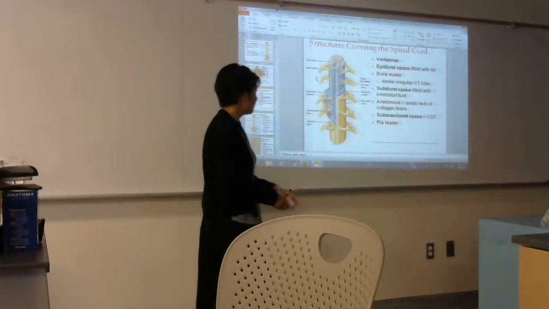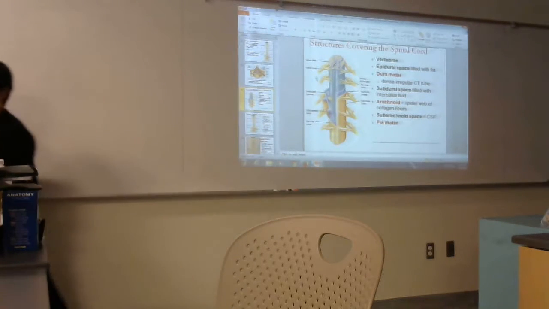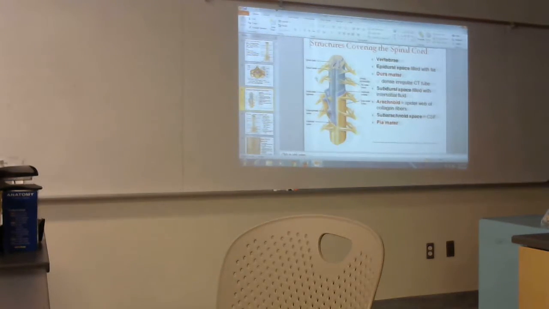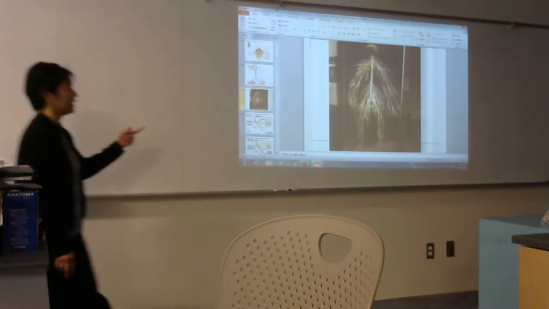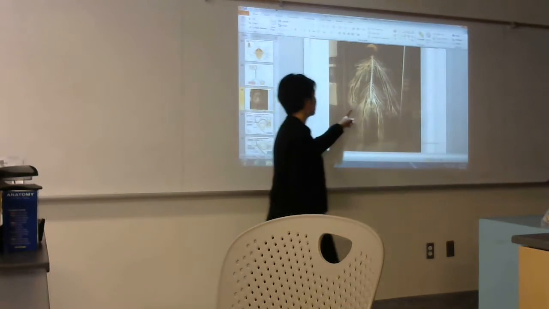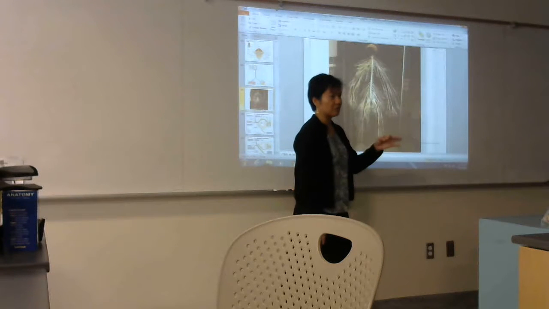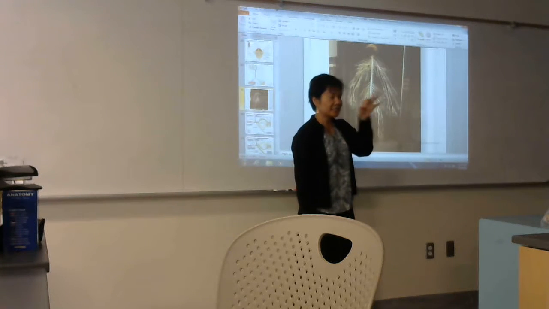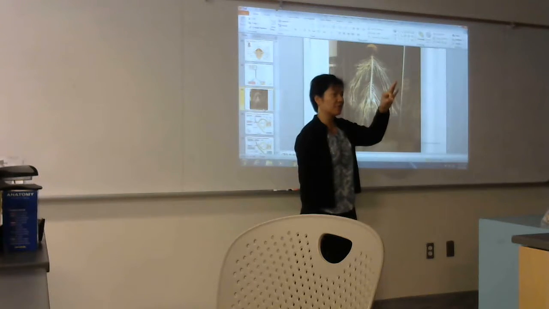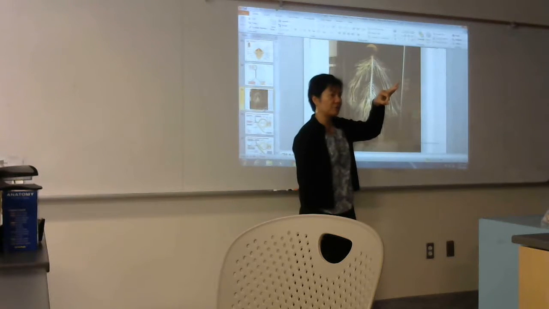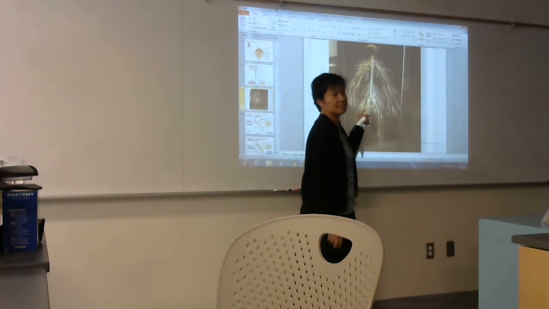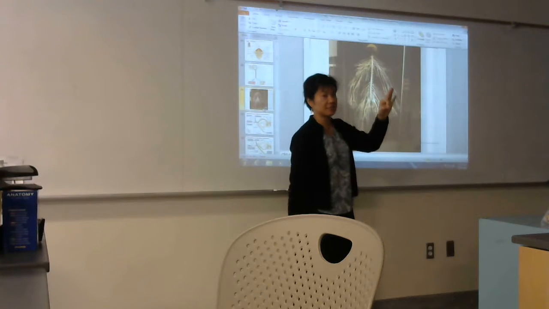That's why, when I ask you to look for a nerve in your cat, the easiest one to find is the femoral nerve or sciatic nerve. Very easy to find. But every nerve that you see when you do your dissection is dark colored and tough. The top part is not the nerve, it's the covering called perineurium. That's part of the meninges. That's the connective tissue that covers it.